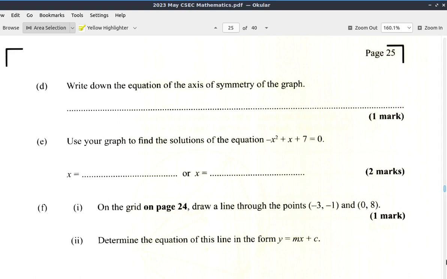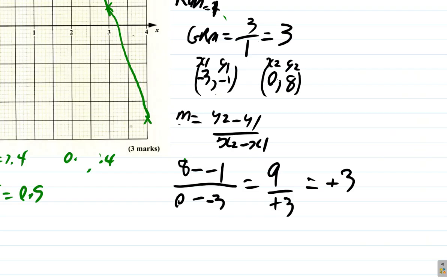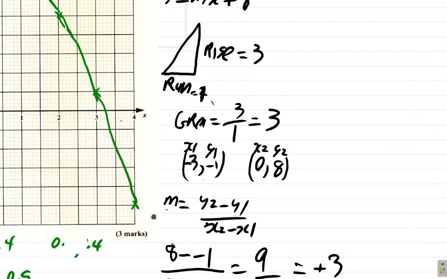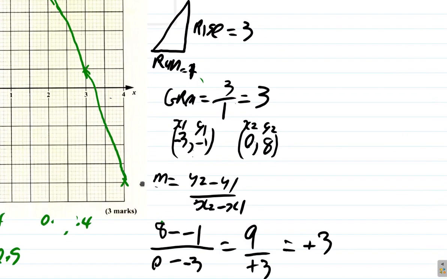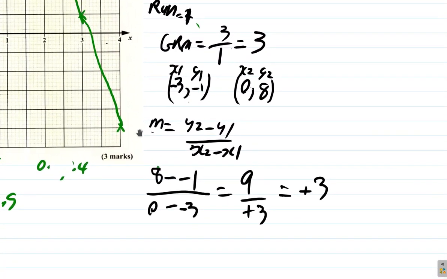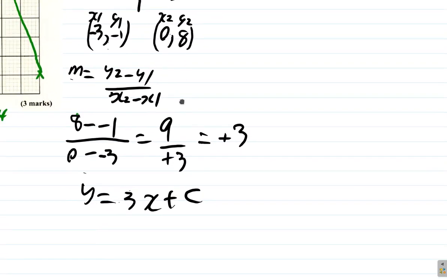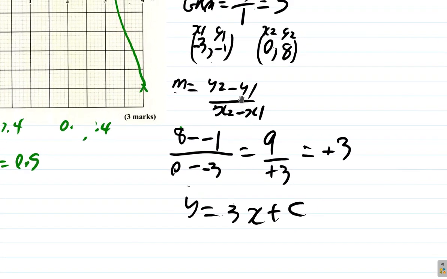All right, what else? Yeah, you need the c. If you're doing the c by calculation, you have y equals 3x plus c. Use one of these y's and one of these x's. So let us use the 0 and the 8.